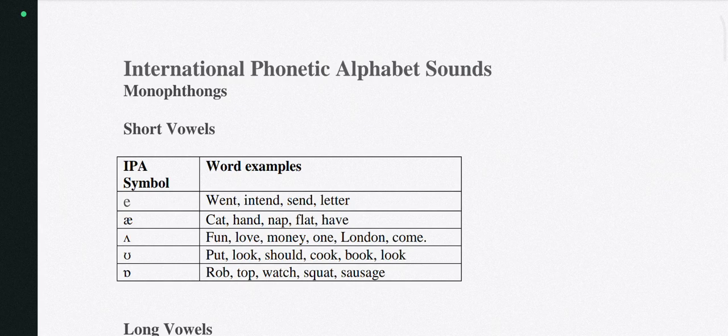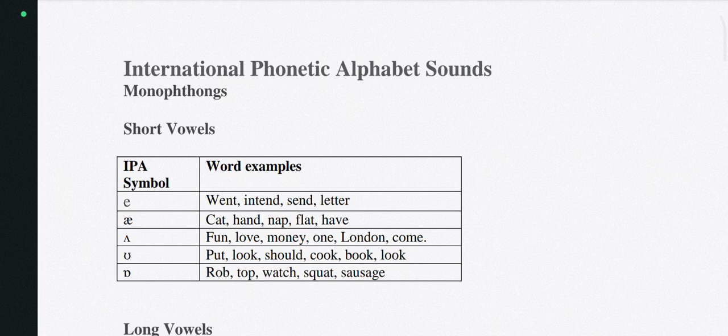These vowel letters have more sounds. A, E, I, O, U are only 5 letters, but if we look at the sounds, there are 20 vowel sounds. These 20 vowel sounds are divided into short vowels, long vowels, and also diphthongs. These short vowels and long vowels are called monophthongs.